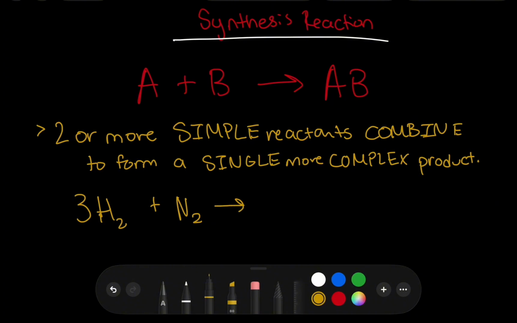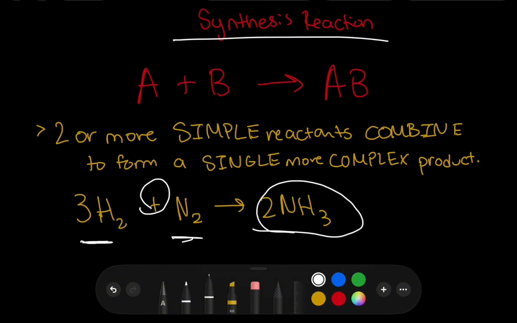They're going to come together to form ammonia. So here, our 2 simple reactants are hydrogen and nitrogen, and they're combining to form a single, more complex product.